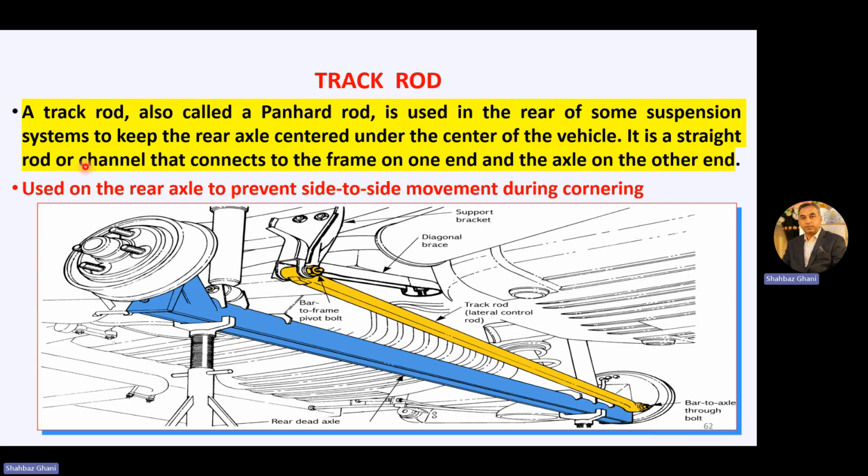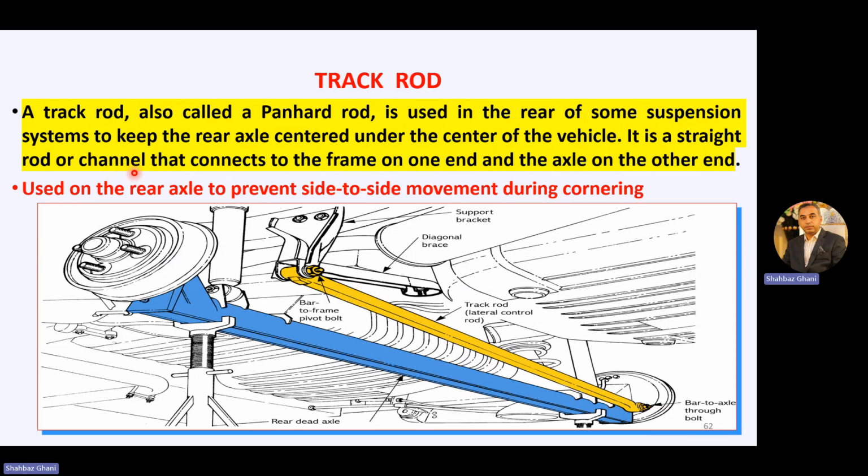It is a straight rod or a channel that connects to the frame on one end and the axle on the other end. It is used on a rear axle to prevent side-to-side movement during cornering.